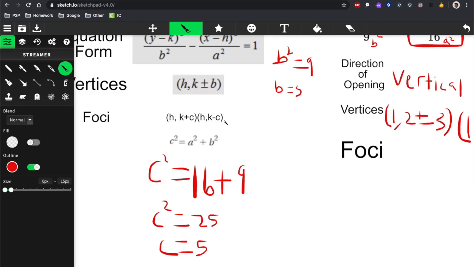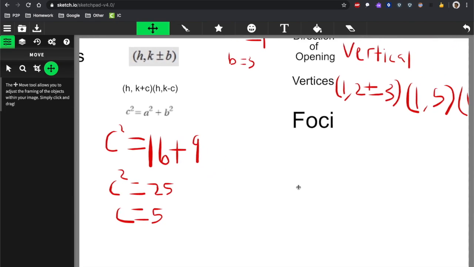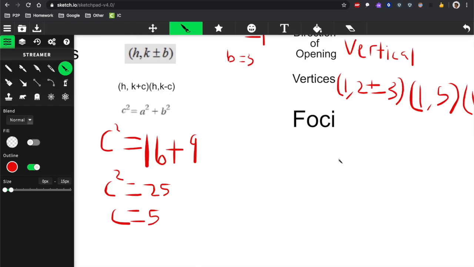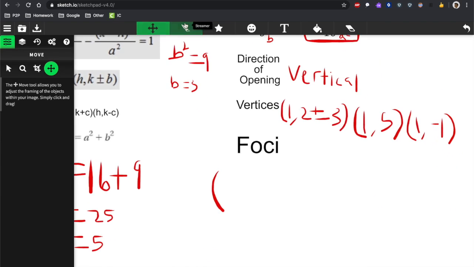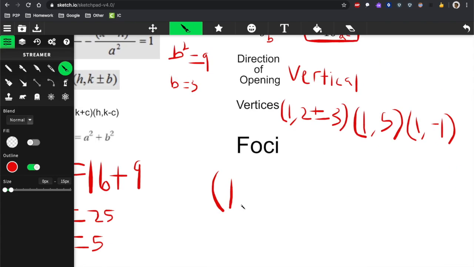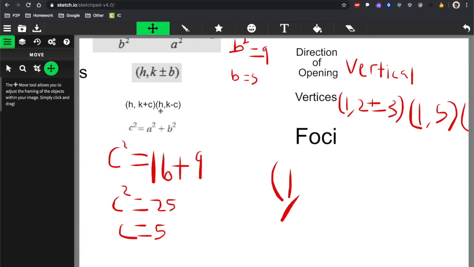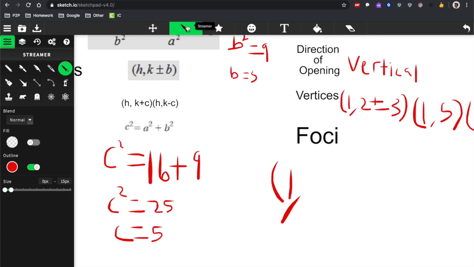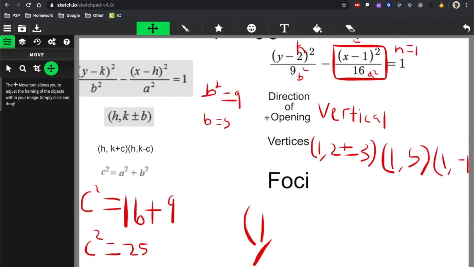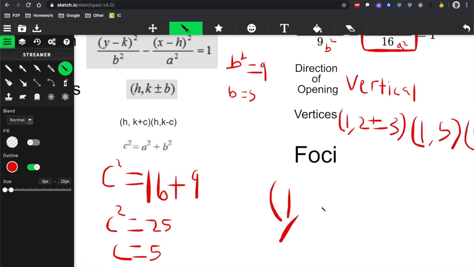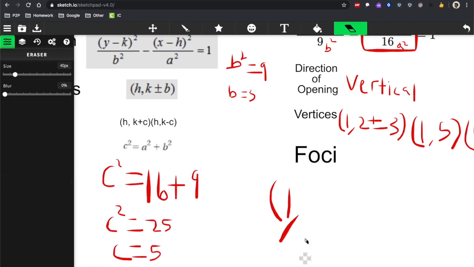Now we can just plug and chug. Our equation says that it's h comma k plus or minus c. So our h value, which we found to be 1, so 1 comma, and our k value is 2. Let me rewrite this.